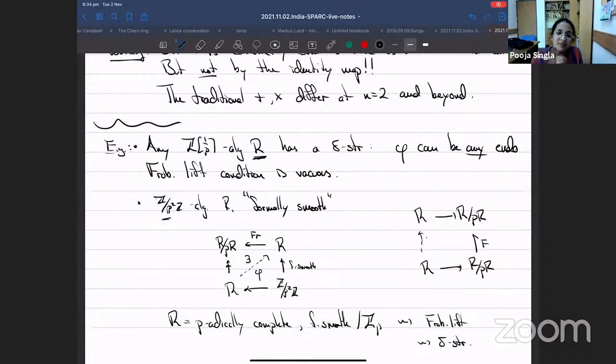One can cook up derivations from these rings that don't have derivations to begin with. That's kind of what you're doing, right? You started with Z mod p squared, Z mod p cubed. Those didn't have the derivation as such, but then you're looking at the inverse limit, and then it becomes like you're cooking up.